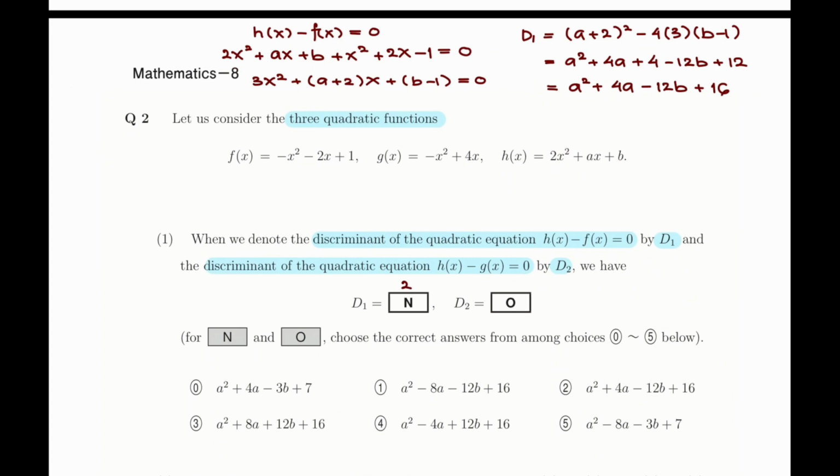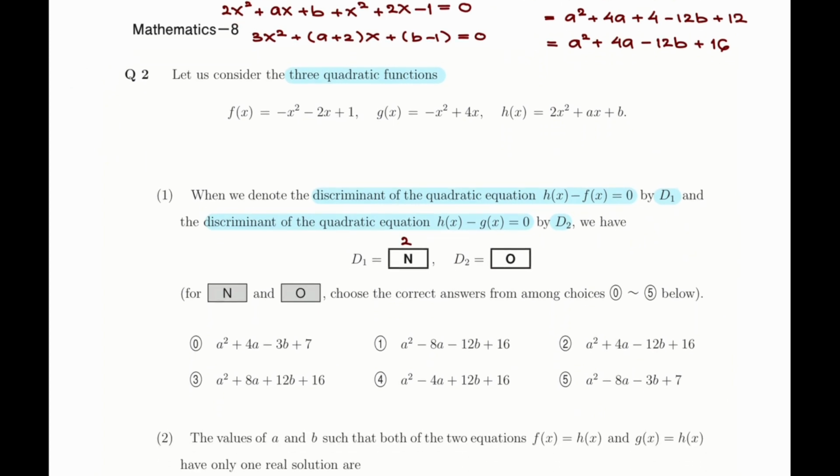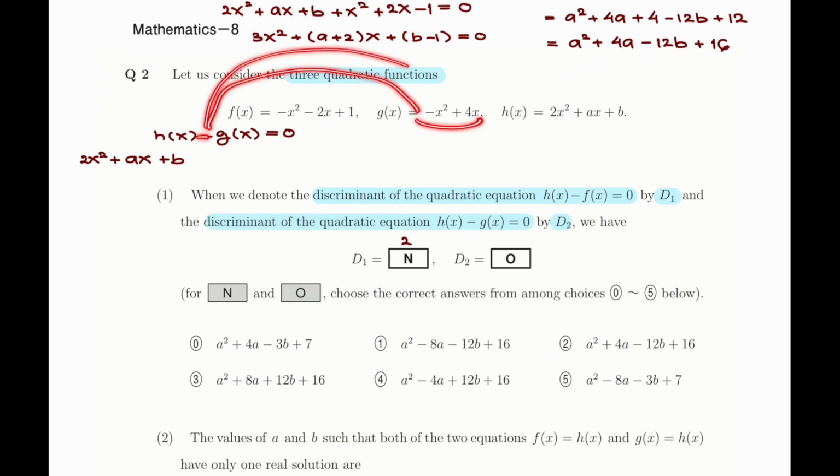And then for d2, by using the same method, first of all, you need to find h minus g. I write down here h of x minus g of x equals 0. H of x is 2x squared plus ax plus b, minus g. Once again, I will directly distribute the negative sign here, so I will get plus x squared minus 4x equals 0.